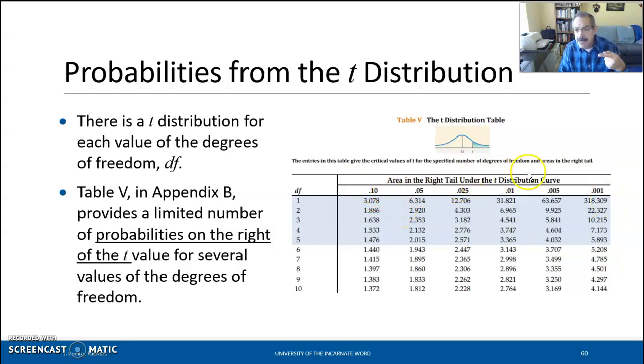The probabilities at the top give you the probability to the right of the t-value. Table 4 gives you probabilities to the left, but this table gives probabilities to the right of the t-value. So you find the degrees of freedom of the distribution that you're looking for, and then you find the probability on the right side and find the corresponding t-value.